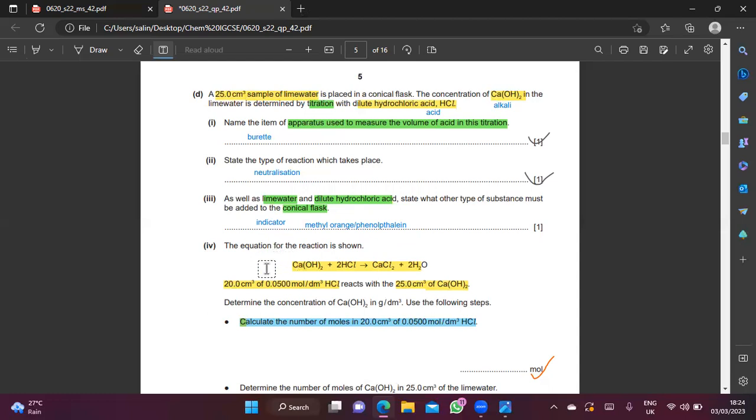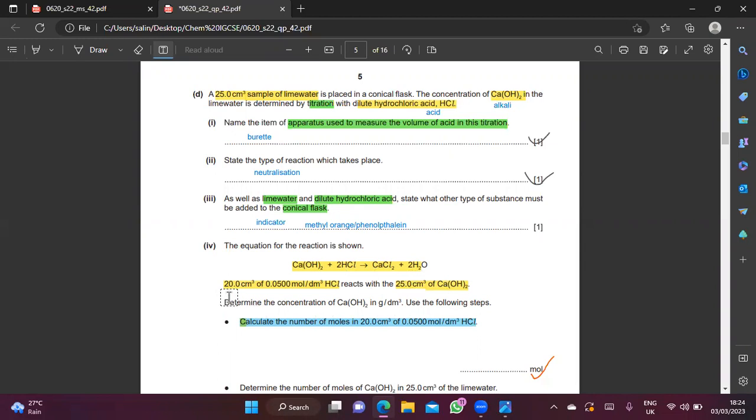Now, let's check on the equation. The equation for the reaction is shown. They're already kind enough to give it to you. Calcium hydroxide plus hydrochloric acid. What do you get? The salt is actually calcium chloride and water. Okay.